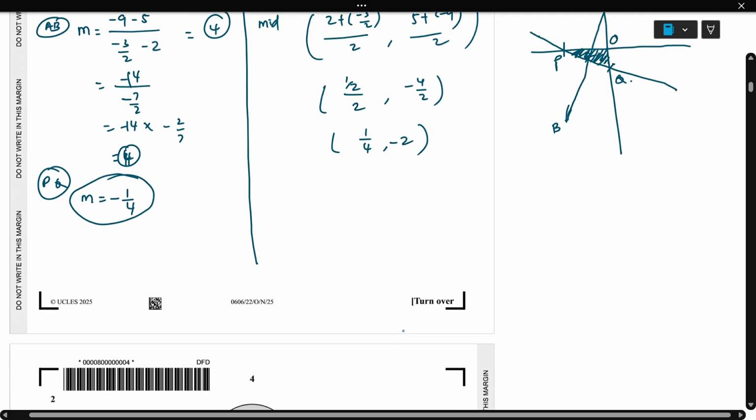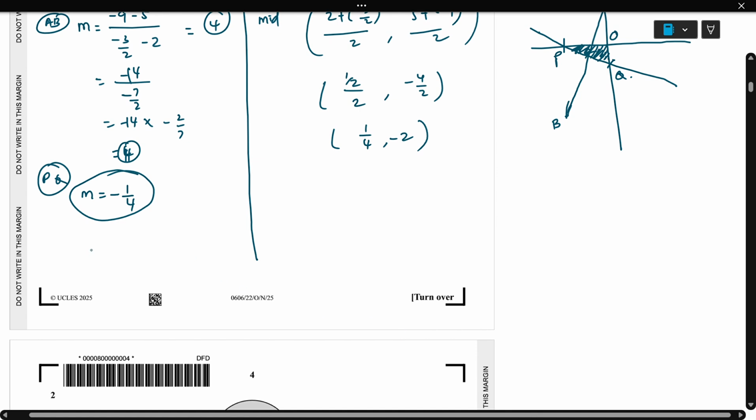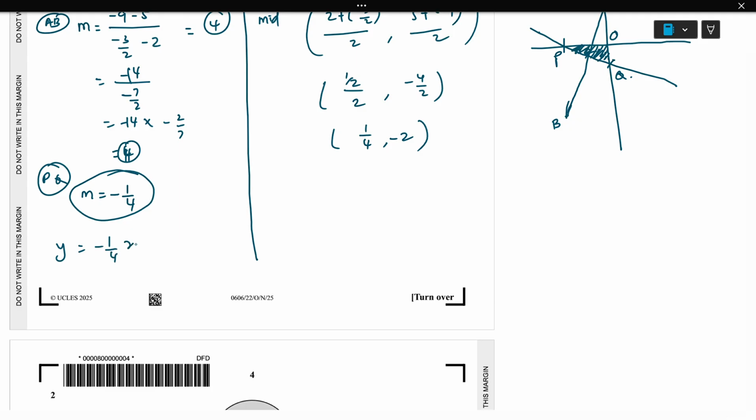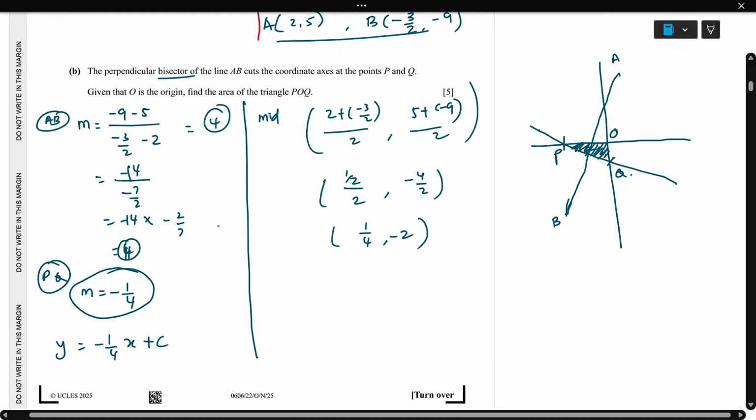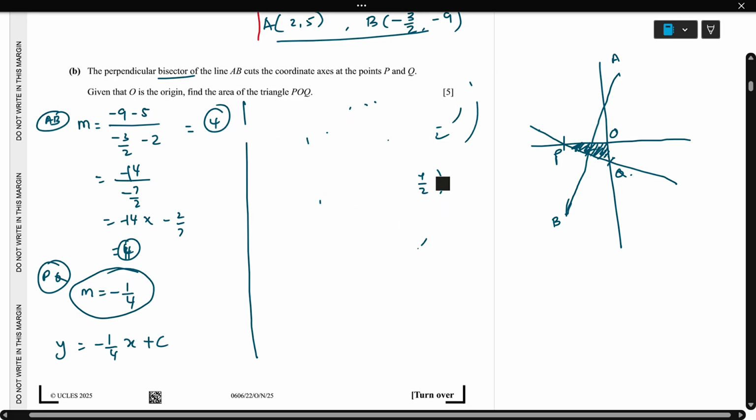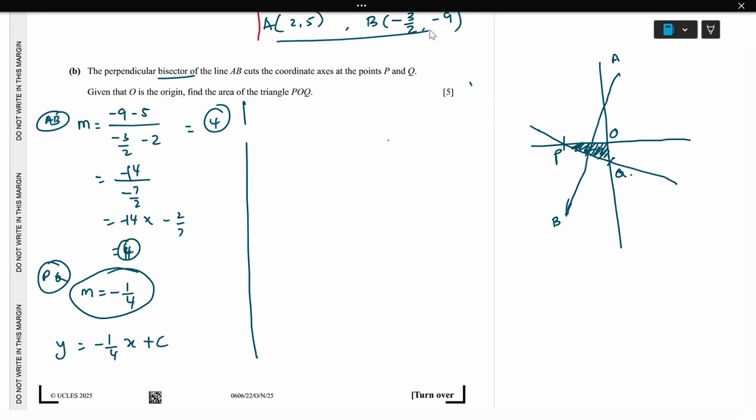So we got the midpoint, and the line equation is y equals minus 1 by 4 x plus c. I'll plug in the midpoint, 1 by 4 comma negative 2.